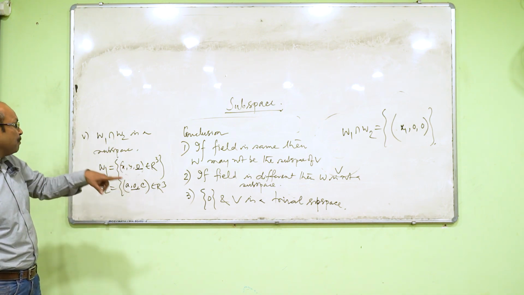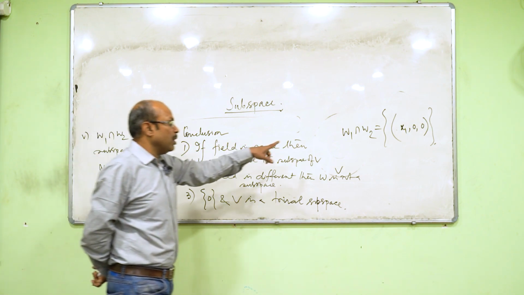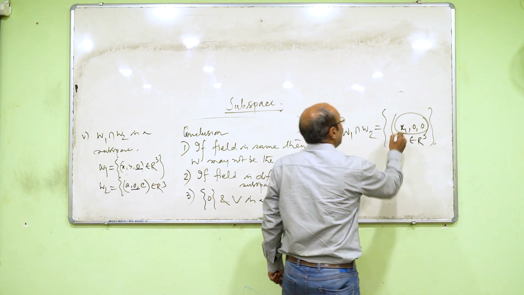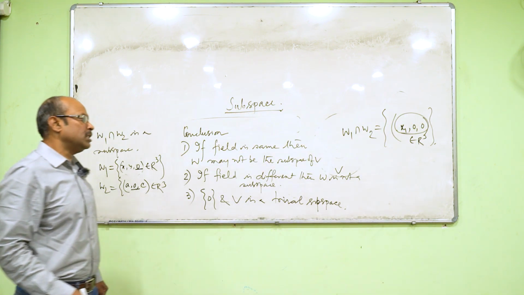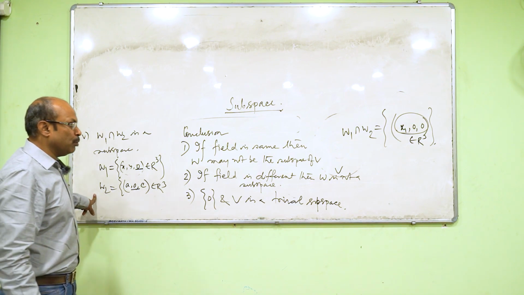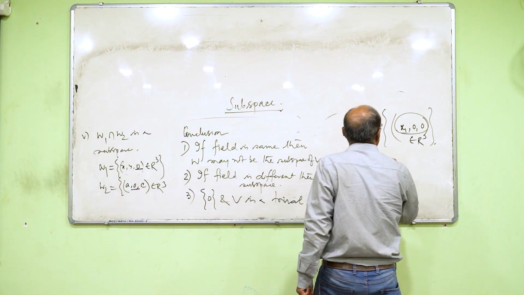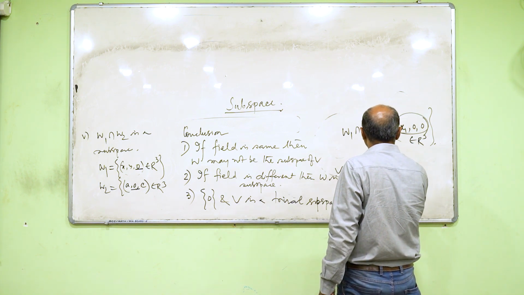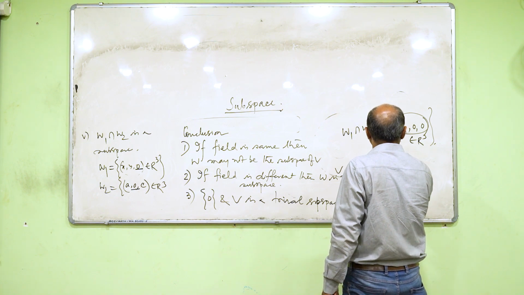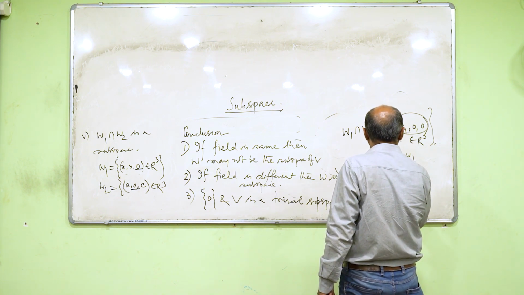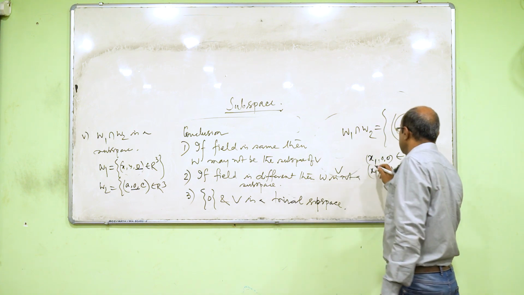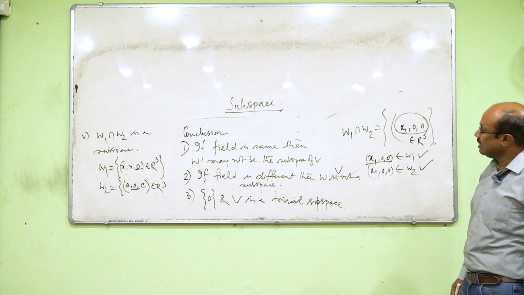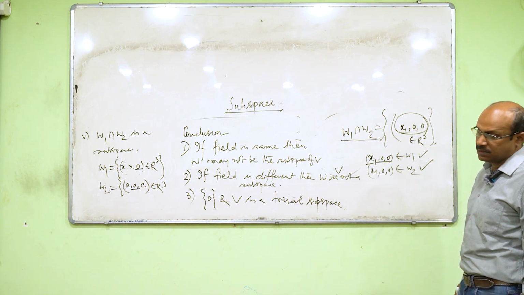So the intersection W1 intersection W2 contains elements of this type, (x1, 0, 0), and all such elements belong to both W1 and W2. That is why W1 intersection W2 is a subspace.